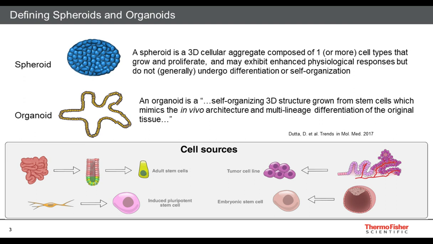They also tend to mimic the in vivo architecture of the tissues more often. Below are a number of cell sources that can be used to initiate both spheroid or organoid cultures. With that, I will keep rolling.